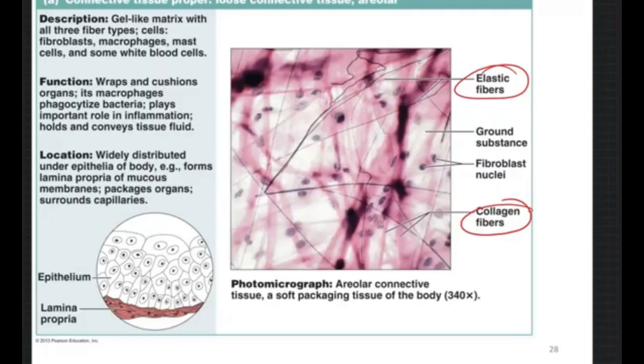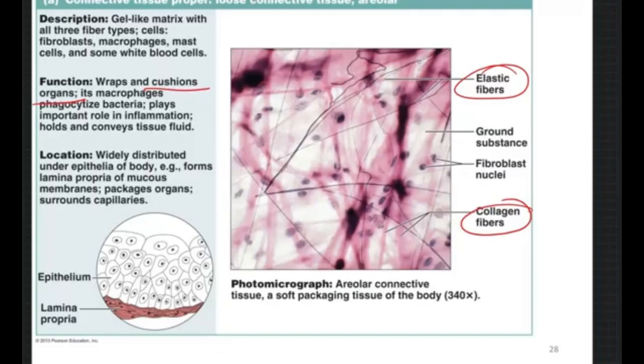So tell me that. Loose tissue, will it be mechanically resilient? No. This tissue basically cushions all the organs. It's everywhere. Loose areolar connective tissue is pretty much the wall of every organ. Okay?